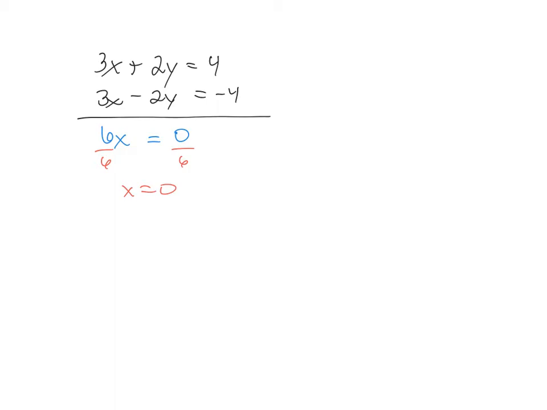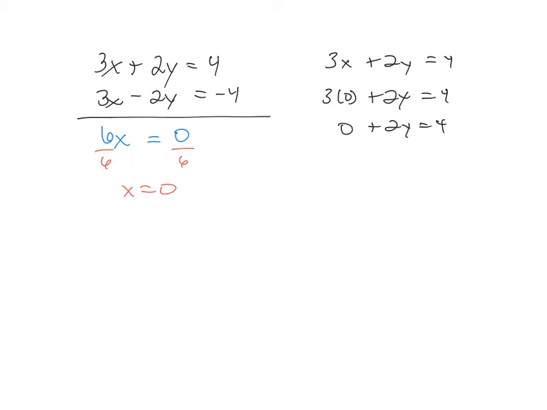Go back to the beginning, whichever one you think looks the easiest, that's what you should do. So I think the top one looks the easiest. All the numbers are positive, so put the 0 in for x, and we'll solve it.